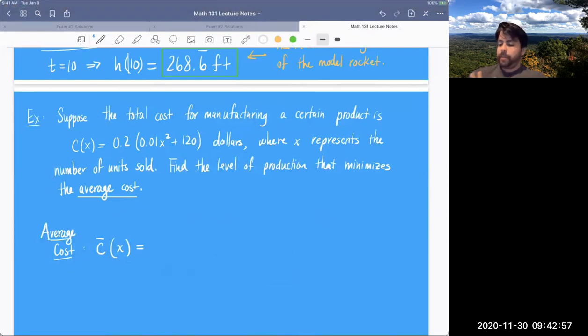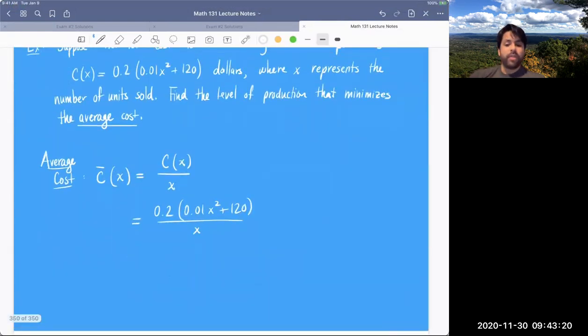Anybody? Guys, remember, it's just the cost function divided by x. So it's going to be 0.2 times (0.01x squared + 120), divided by x. But of course, this is not pretty in the slightest, so let's make this a little simpler.